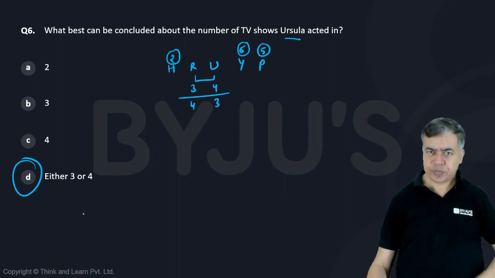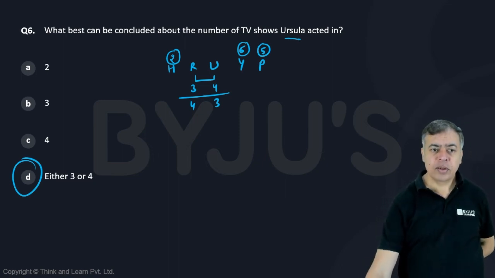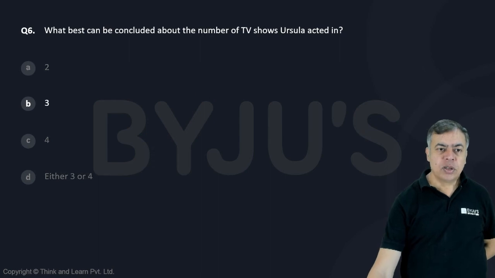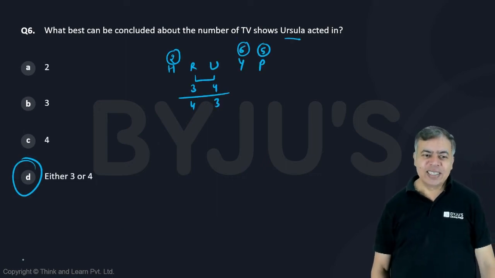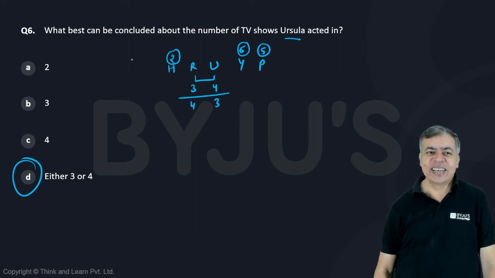Oh, wait a minute, wait a minute. We have answered it wrongly. The question is asking what best can be concluded about the number of TV shows U acted in. U is not the show.